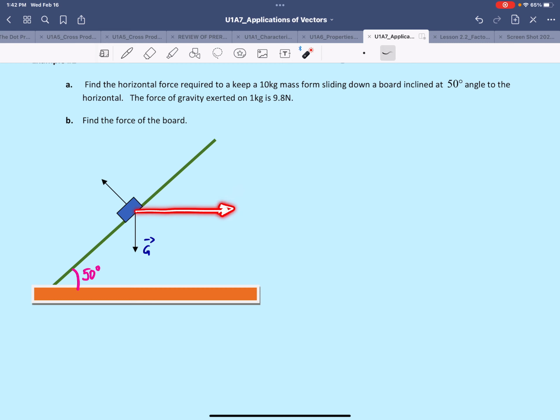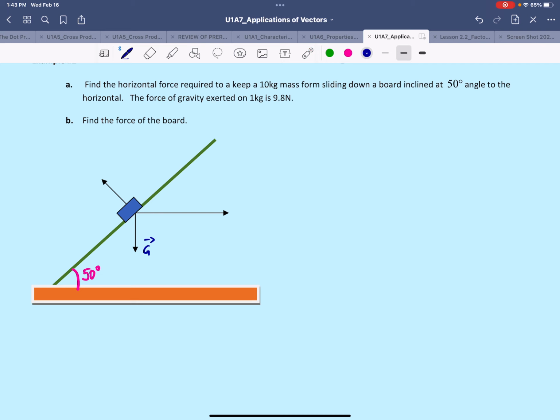So it seems that practically we're able to apply some force in the horizontal direction, as indicated, to stop the object from sliding down. Now, a little bit of physics knowledge in here. You see another vector that is perpendicular to the ramp. What is this vector about?